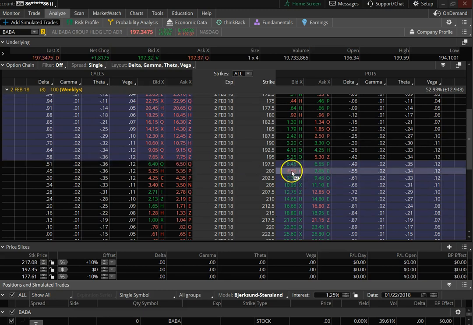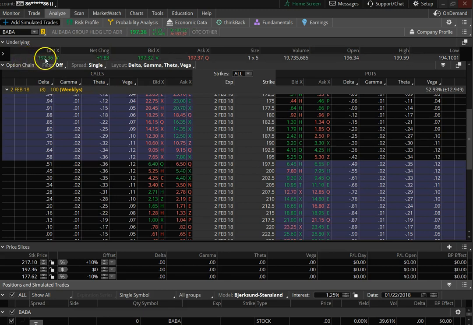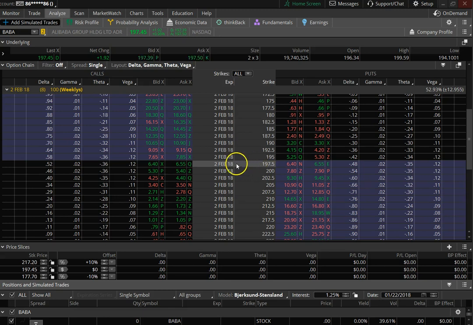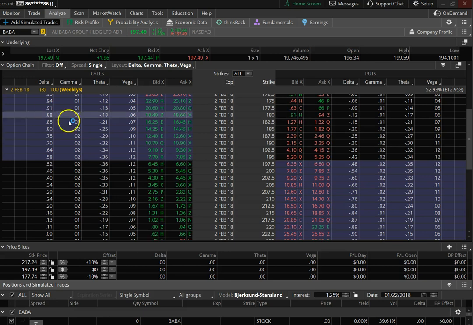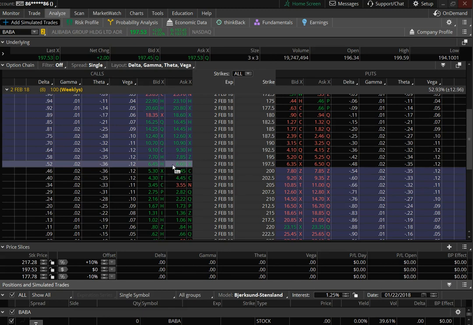So for example, right now we're sitting at 197.36. So the 197 is pretty much at the money, but if you notice, the premium on this call is 6.40 by 6.65. The bid is 6.45, the ask is 6.60.